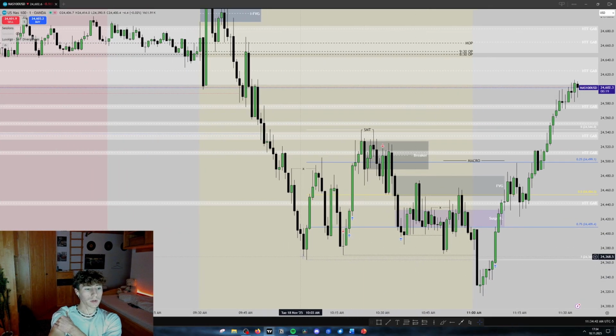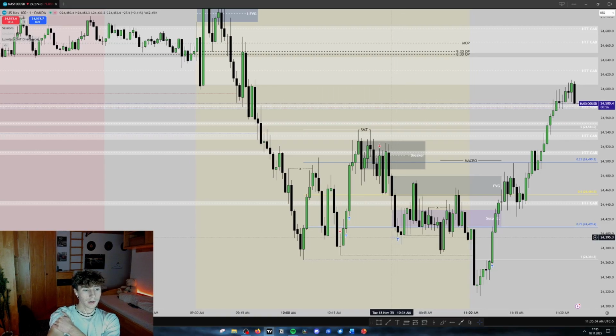We do not always reach external liquidity. Sometimes we only trade back to the lower or upper quadrant, in that case the lower quadrant, and then just retrace afterwards.